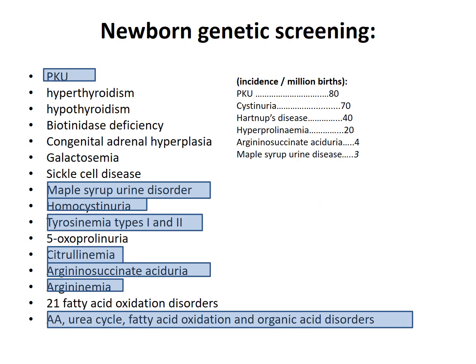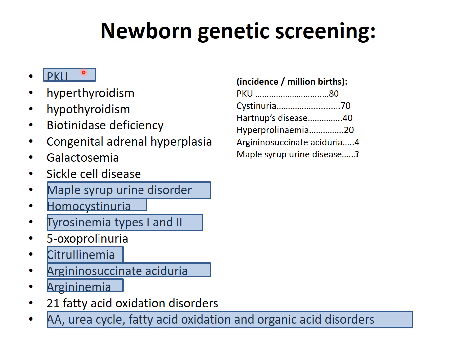All right, so you learned about a lot of disorders of amino acid metabolism. So let me show you that in the newborn genetic screening, many of the amino acid metabolic disorder key enzymes show up.